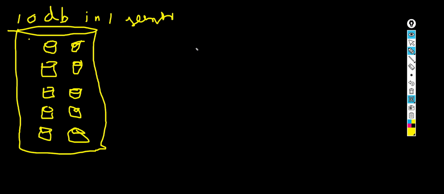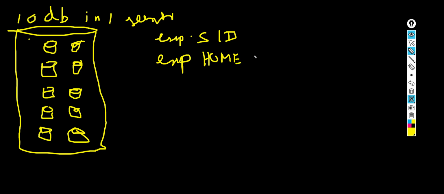When we are going to connect to SQL Plus, we export Oracle SID, then we export Oracle Home. This is what we do when we try to connect to SQL Plus and execute any SQL statements inside SQL Plus, or directly from the OS command line we can execute any SQL scripts.